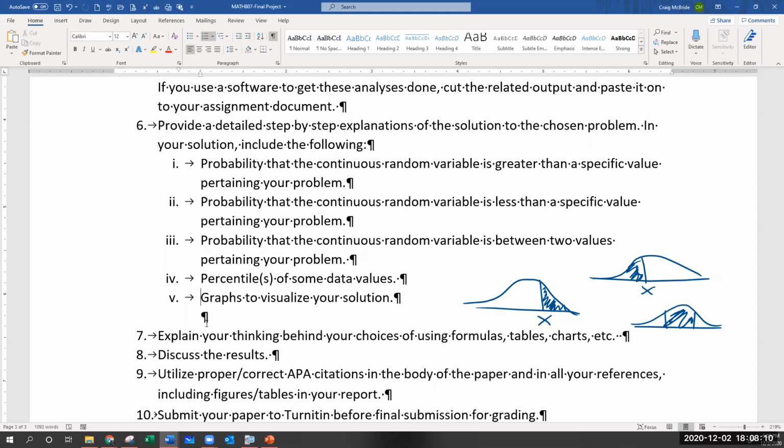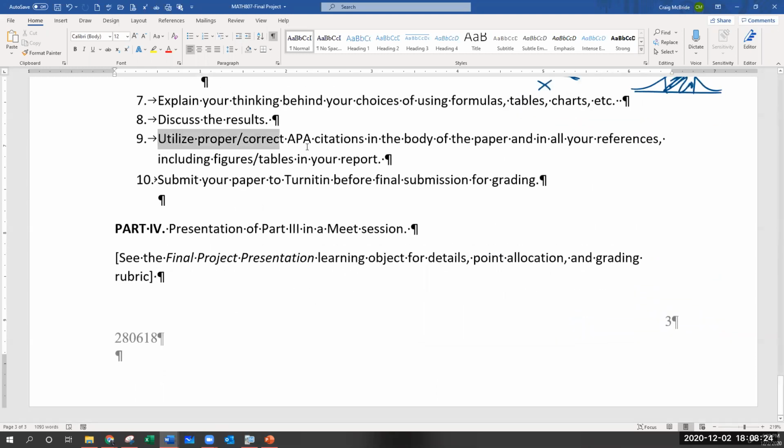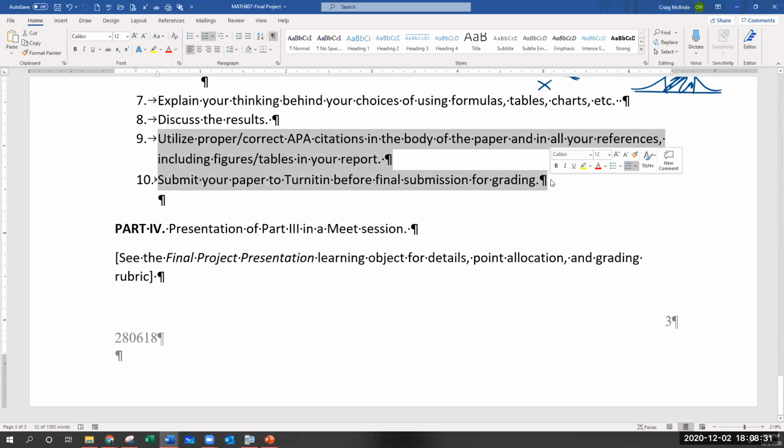Sweet. Thank you. And then this is just the discussion part of your paper where you discuss your results and why you did what you did. And then they just want to make sure that you're doing everything in APA format. And I wouldn't worry about turning it in because again, it should be completely new stuff.